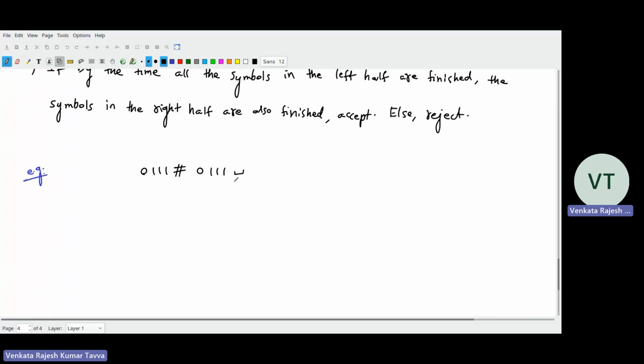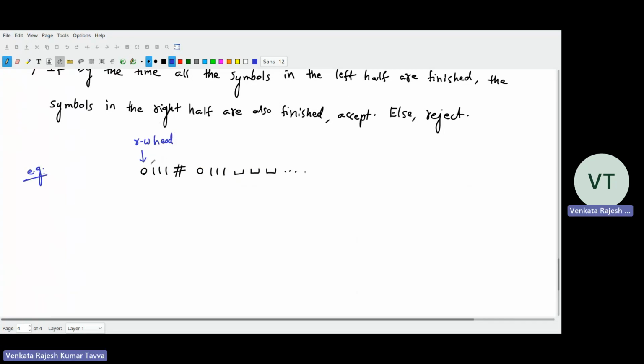You see, this is an infinite tape. So the tape won't end with the input. Input will occupy some portion of the tape, the beginning of the tape, and the rest are all blank symbols, infinite blank symbols. And my read write head starts with the leftmost symbol.